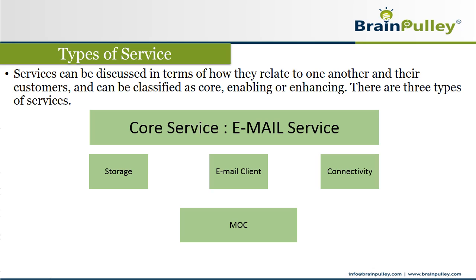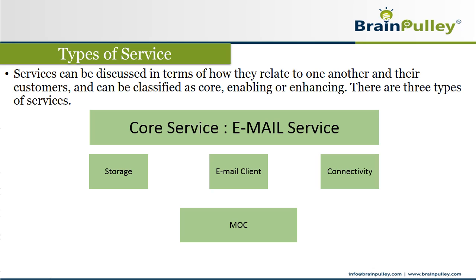In this example, storage, email client, connectivity will become factors which will make your email service available. Storage, email client, connectivity contribute together to form your email services, and hence they are known as enabling services. In layman's terms, enabling services can be described as services which help you deliver the core service.